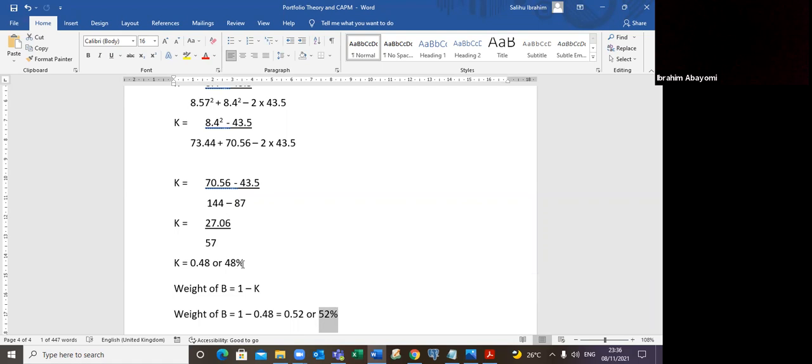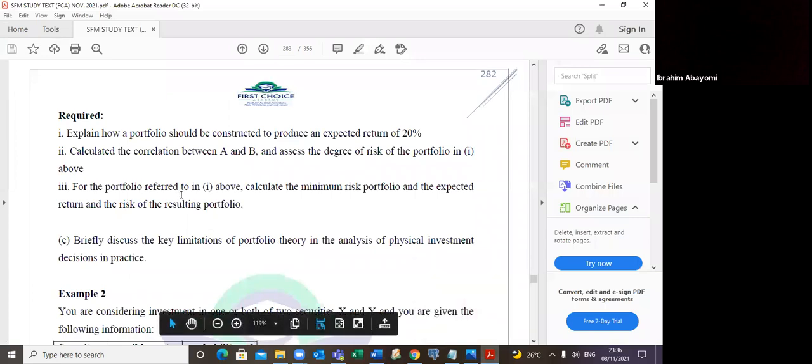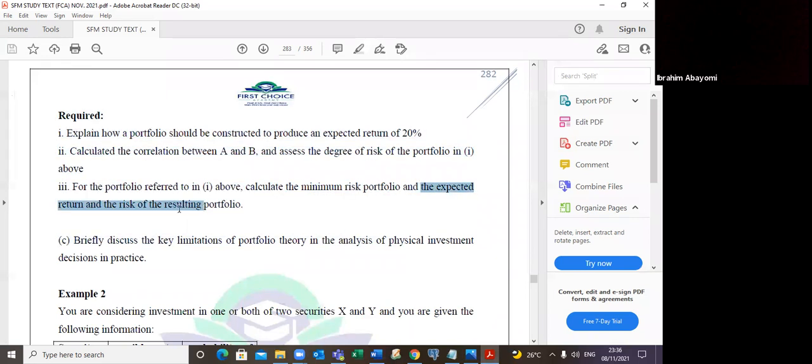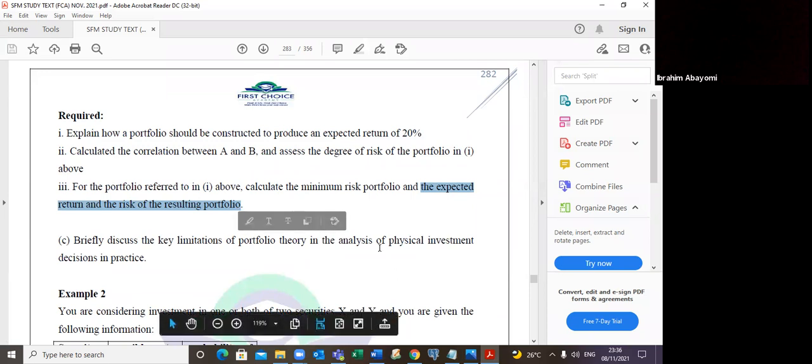Okay. Look at it: minimum risk portfolio, the expected return and the risk of the resulting portfolio. We are computing three things here.